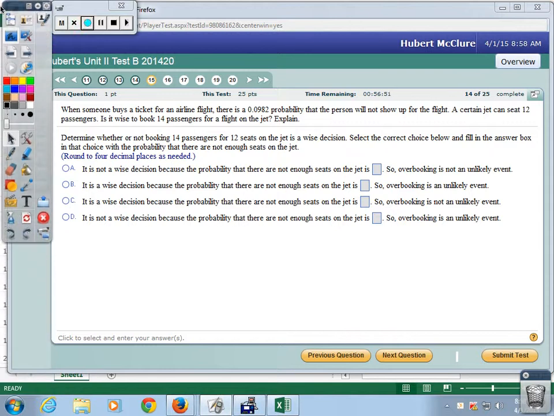No, I was hoping that one wasn't on there. When someone buys a ticket for an airline flight, there's a 0.09 probability that the person will not show up. A certain jet can seat 12 passengers. Is it wise to book 14 passengers for a flight?